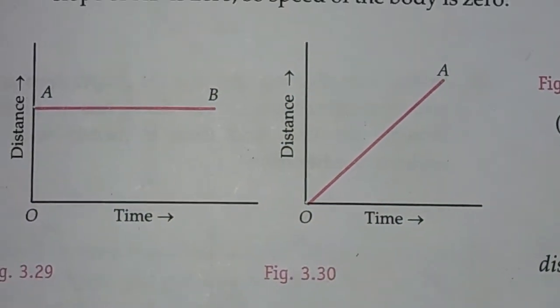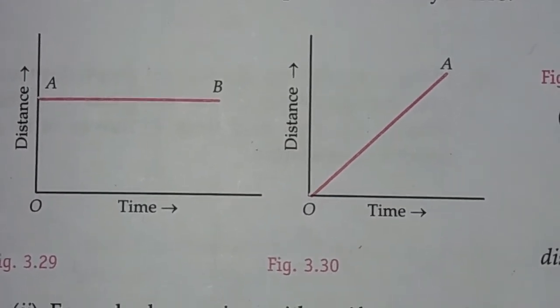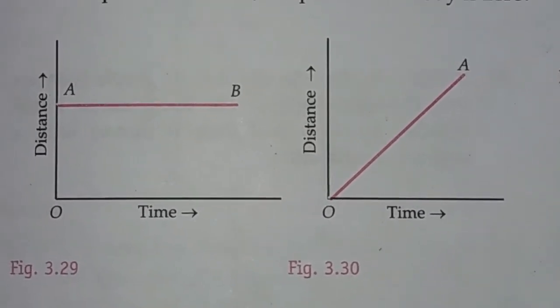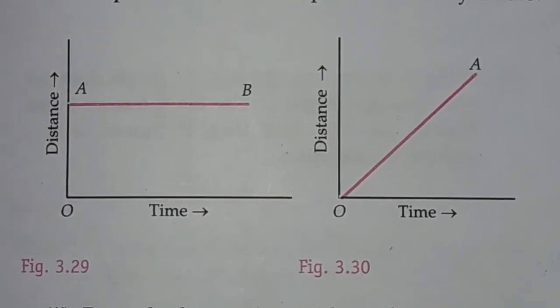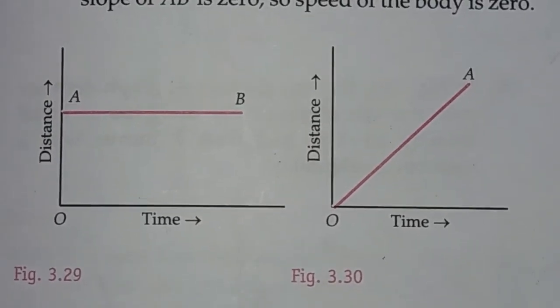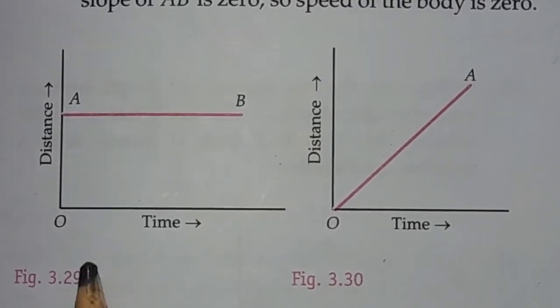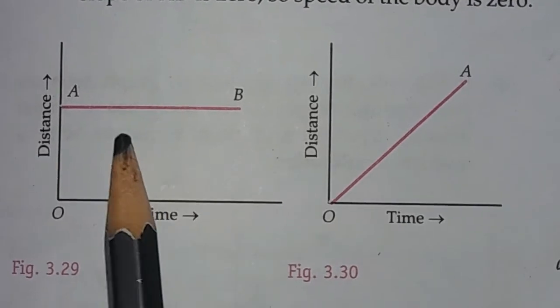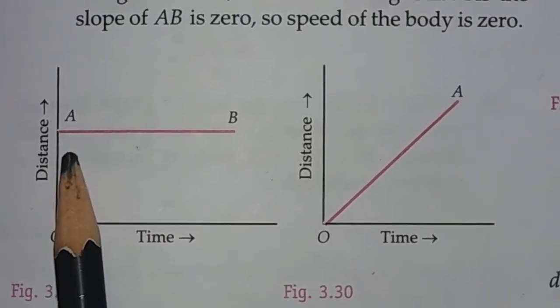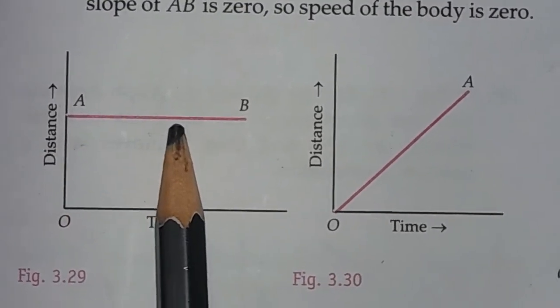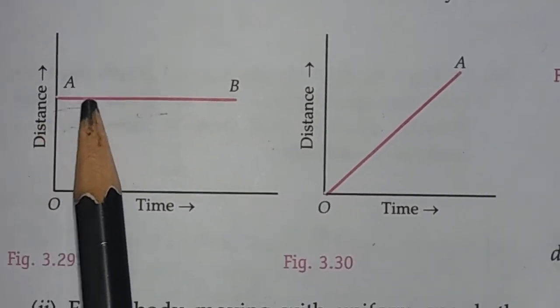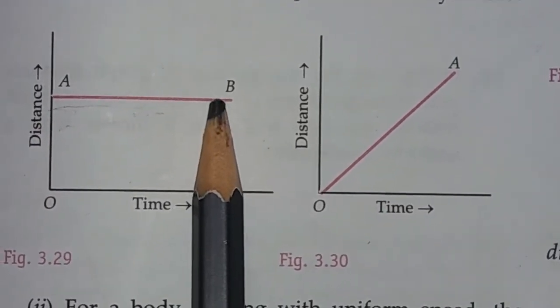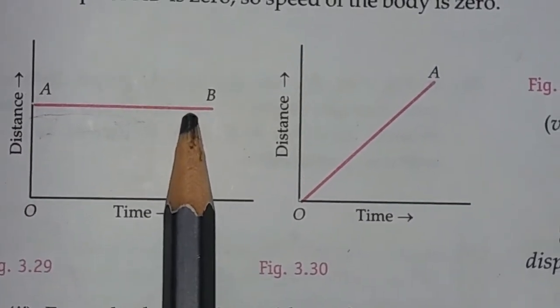Next one. Now we are going to discuss the nature of motion for the given distance time graphs. This graph is a distance time graph when the body is at rest. Its slope is 0, therefore the speed of the body is 0.